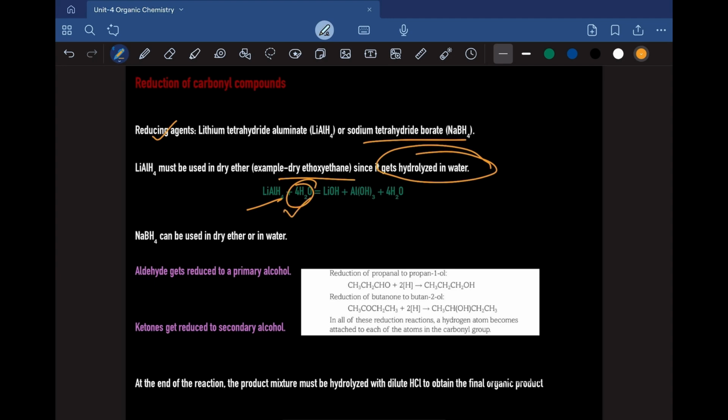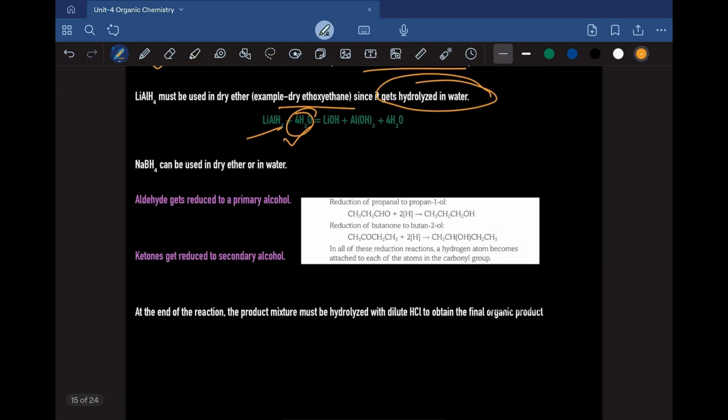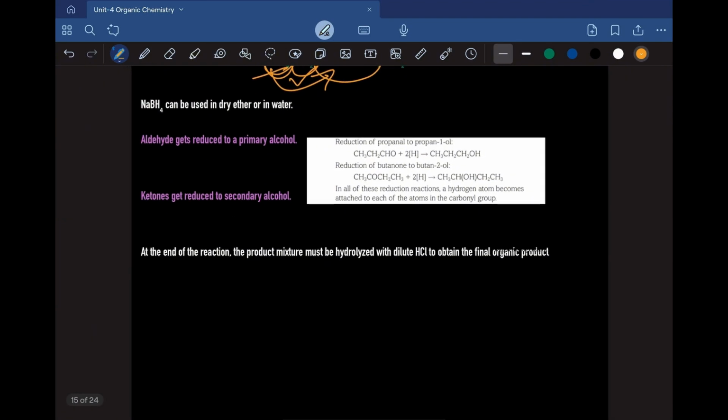So you have to make sure that you are using dry ether, so that it doesn't get hydrolyzed, because hydrolysis diminishes the reaction. It gets in the way of how we want to carry out the reaction, because the reagent doesn't remain the way we want. The reagent forms into something else if we don't use dry ether.